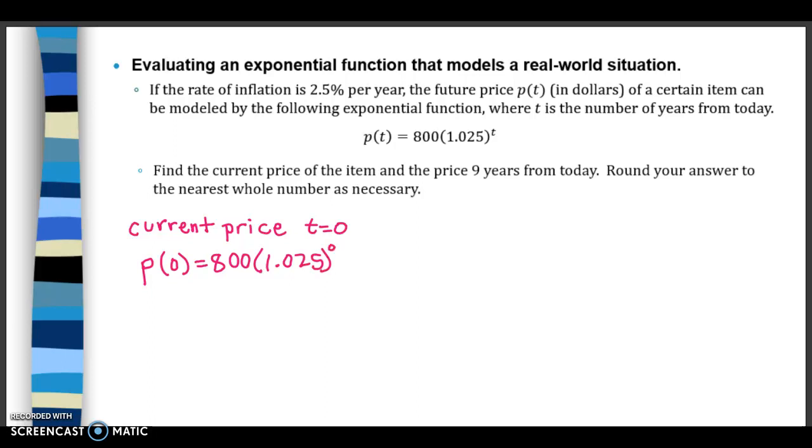So again, the price at time 0 is equal to this right hand side. 1.025 to the 0 power is 1. Anything raised to the 0 power is 1. So the price when time is 0 is 800. So that is equal to $800. So the current price of the item is $800.